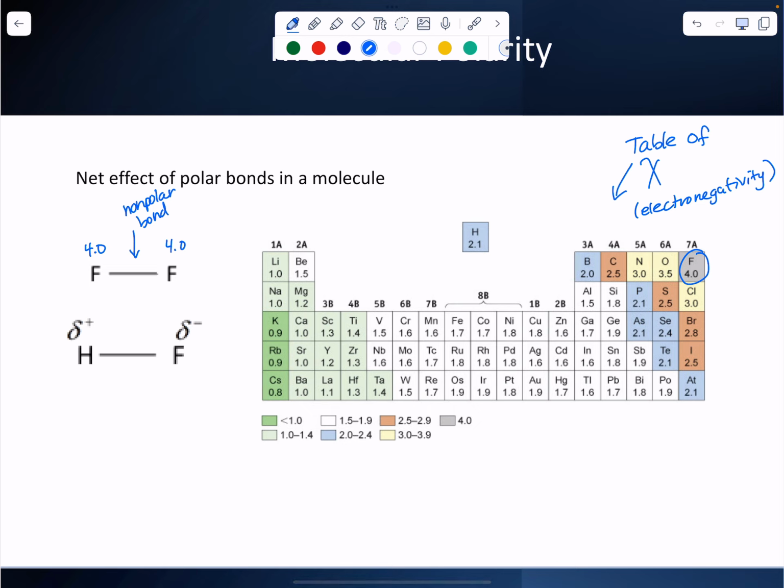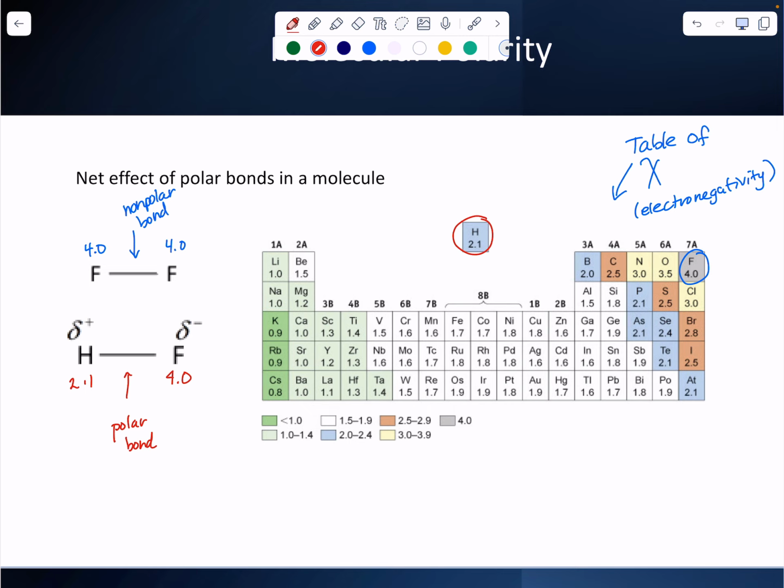Then when we look at the hydrogen, right, hydrogen has an electronegativity of 2.1. Fluorine has an electronegativity of 4.0. Okay, so this is what we would call a polar bond. And we would say that the electrons distribute themselves unevenly between the two atoms.